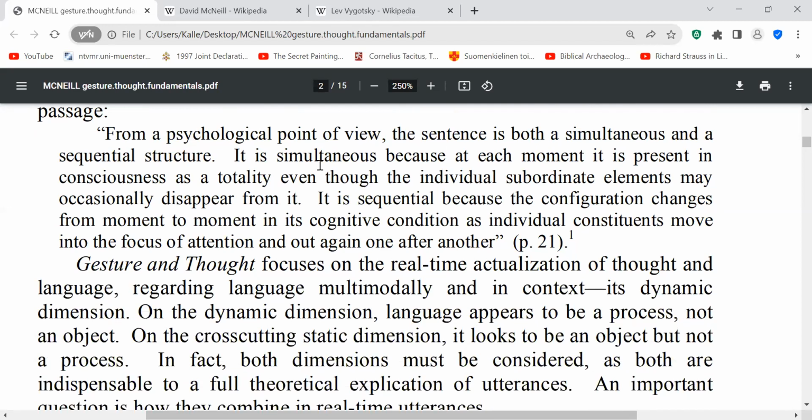From a psychological point of view, the sentence is both a simultaneous and a sequential structure.